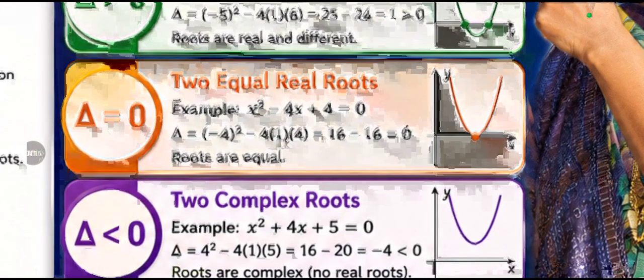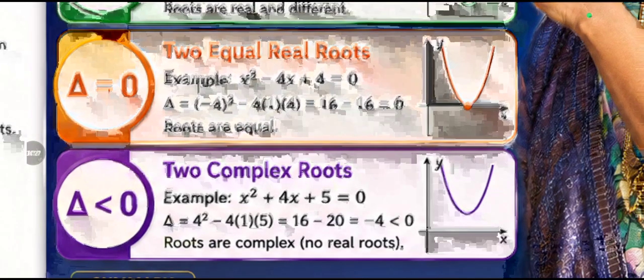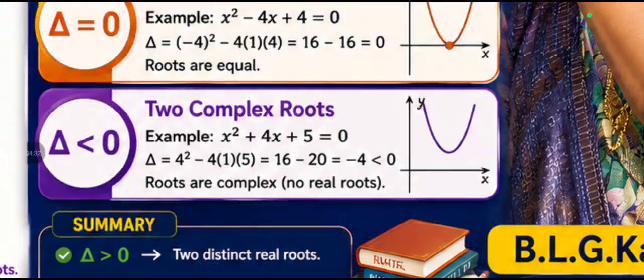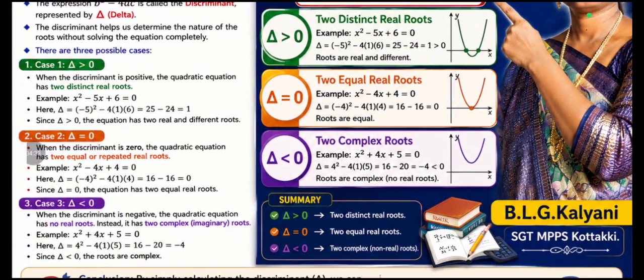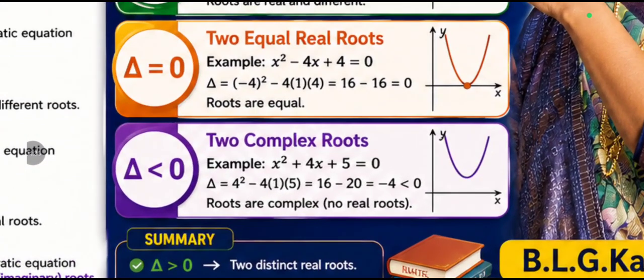Another example. If delta equals to 0, there are two equal real roots. Here is an example. x square minus 4x plus 4 equals to 0. Here delta equals to minus 4 whole square minus 4 into 1 into 4 equals to 16 minus 16 equals to 0. So roots are equal.